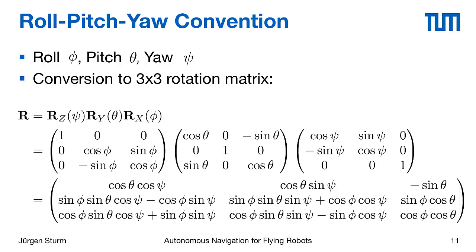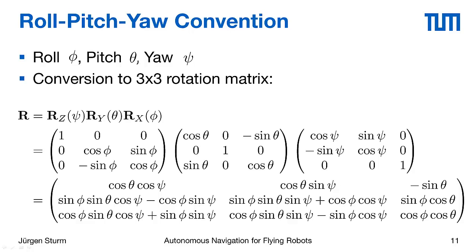Typically you need to convert from Euler angles to rotation matrices and vice versa, and you can do that as follows. You specify the Euler angles as 3 values: the roll angle, pitch angle, and yaw angle, and then you use that to compute 3 individual rotation matrices: a rotation around the z-axis, a rotation around the y-axis, and a rotation around the x-axis, and you concatenate all 3 of them.